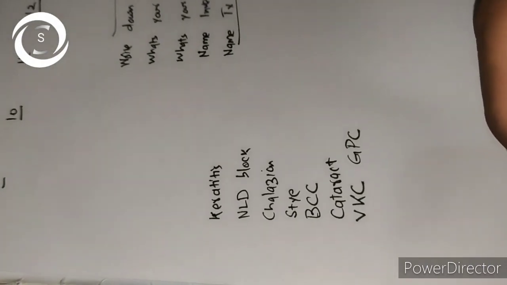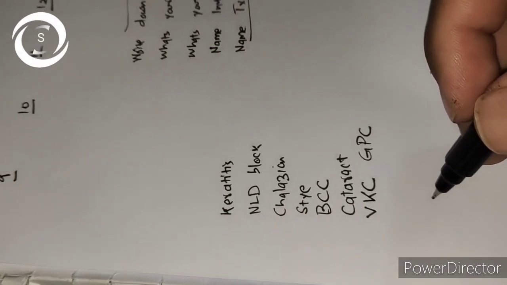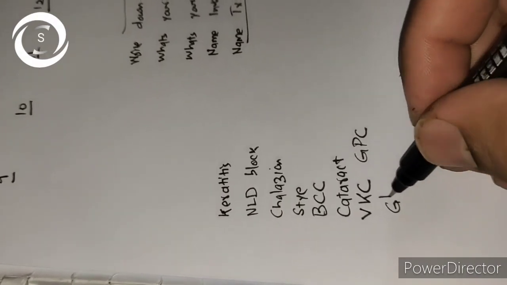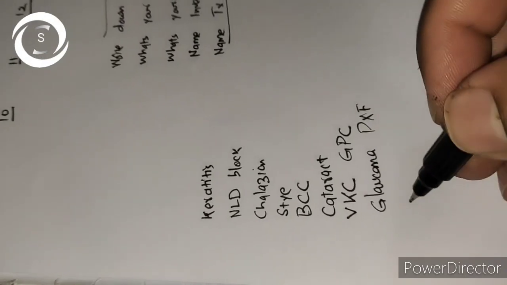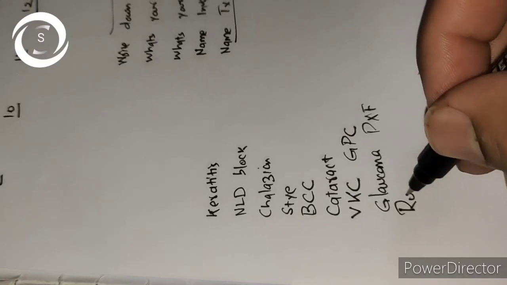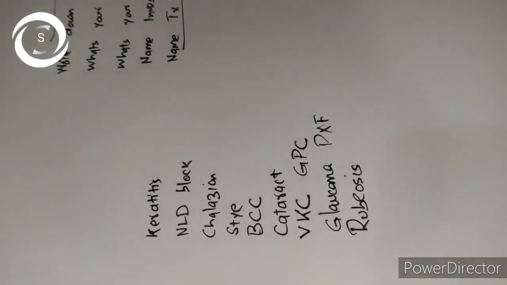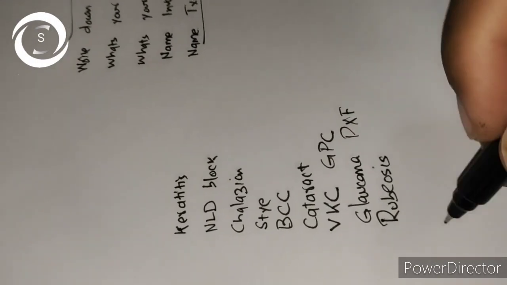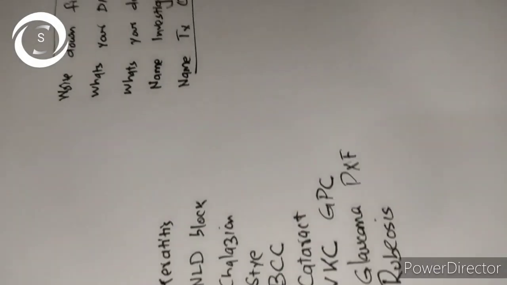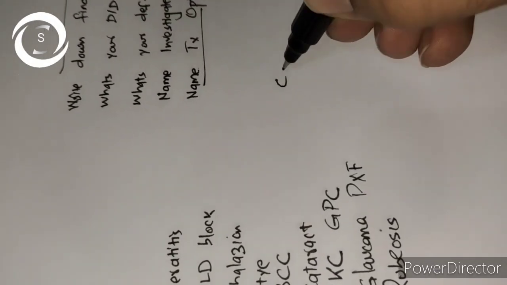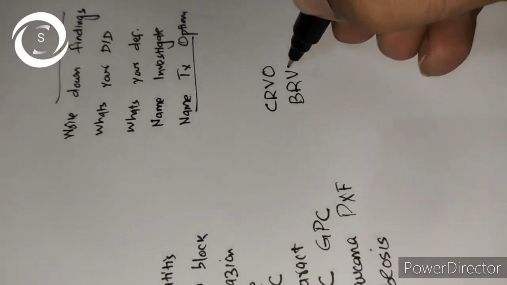You can have glaucoma, pseudoexfoliation. You can have a rubeosis picture. Then in the posterior segment, you can have central retinal vein occlusion, branch retinal vein occlusion picture.